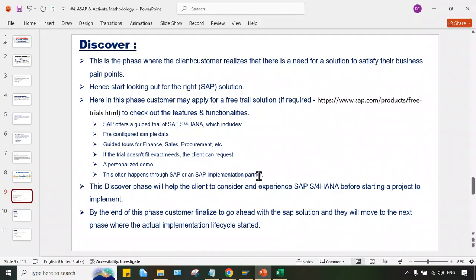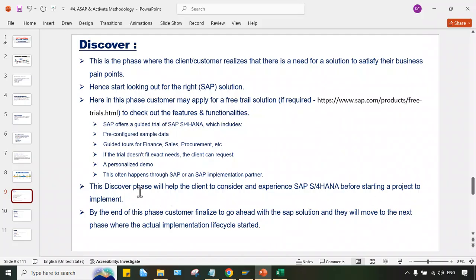They know very well that Wipro, Infosys, IBM, Tech Mahindra are also doing implementations, so they can invite anybody for this demo. Now the next one is, this discover phase will help the client to consider and experience SAP S/4HANA before starting a project to implement.